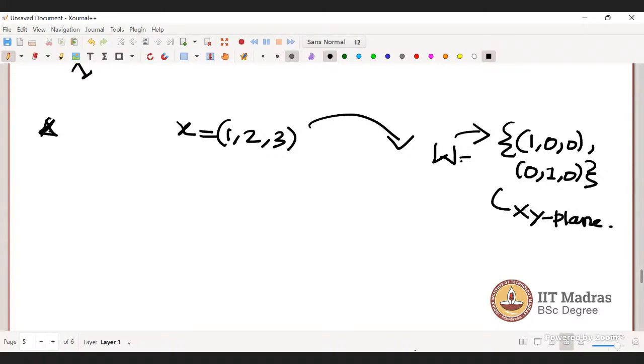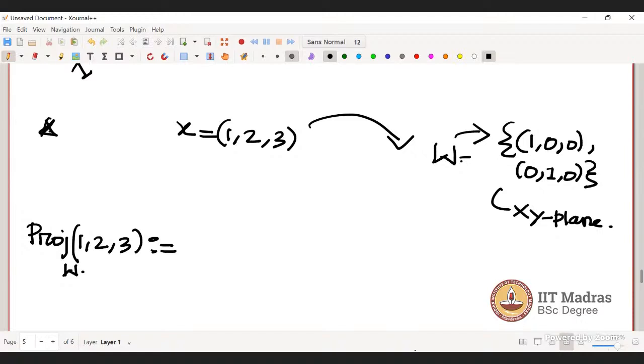So I want to find the projection of (1, 2, 3) on W, right? So how do I do it?